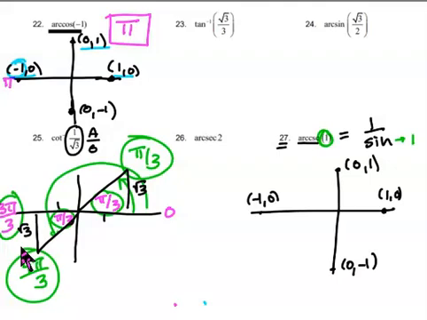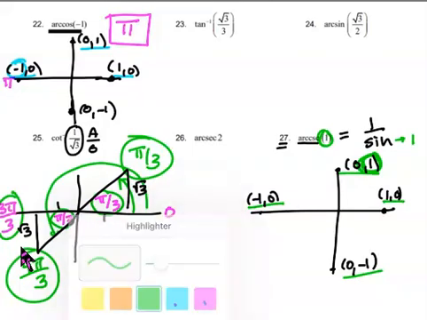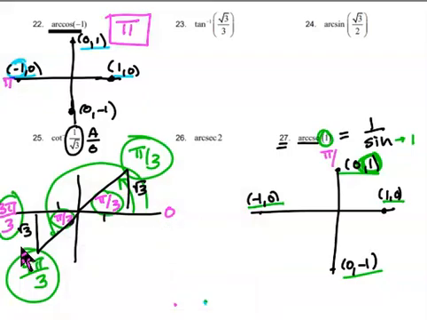So the only spot where the sine is equal to 1, remember it's cosine, sine, not here, not here. The only spot was right here, which is the same as 90 degrees, and 90 degrees is halfway to pi. It is at pi over 2.